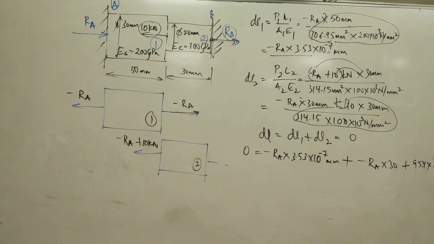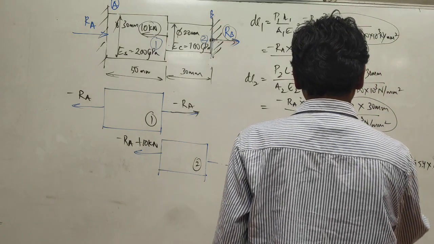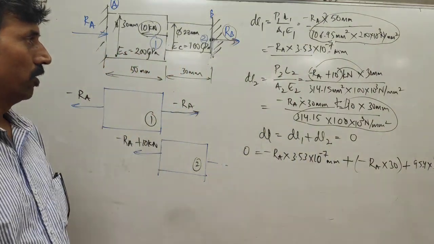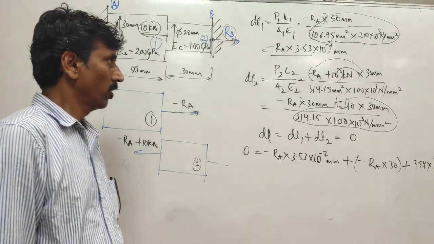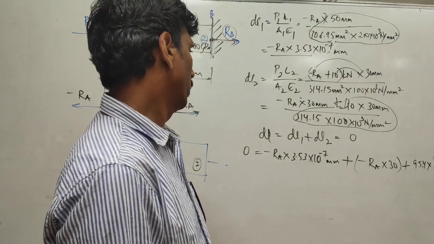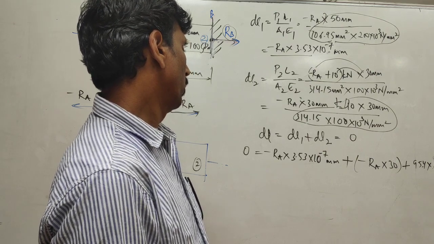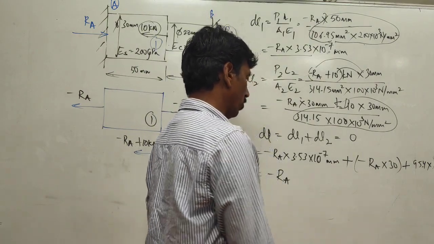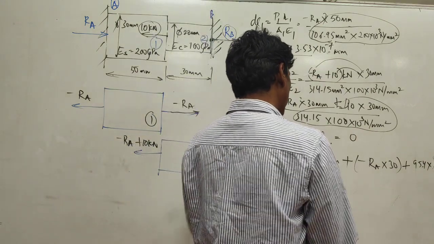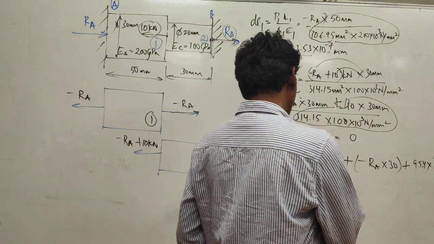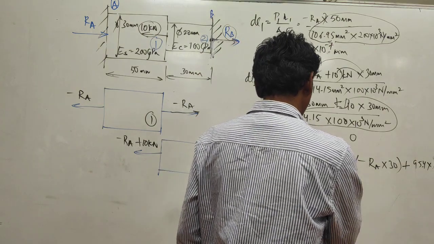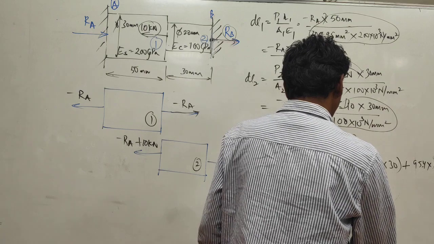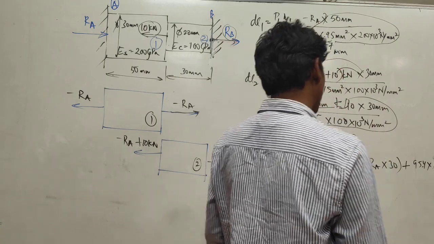10 into 300, so this is 30 into 10 into 5. Let us take the minus outside. Taking the minus outside, you can write it as minus RA minus 3.53 into 10 to the power of minus 7, and again this is minus 30.